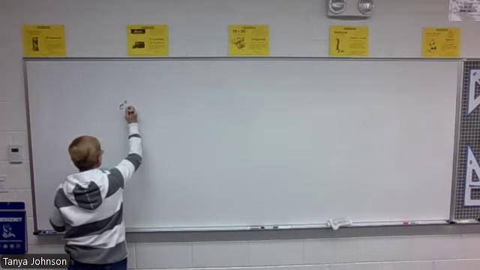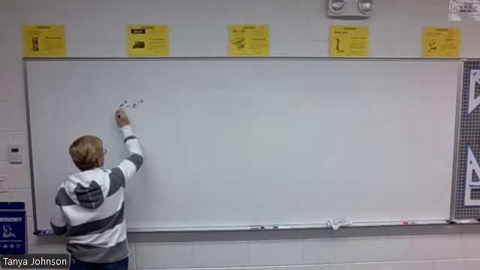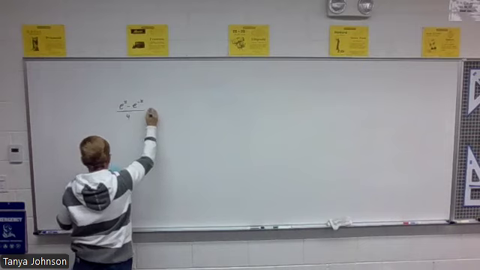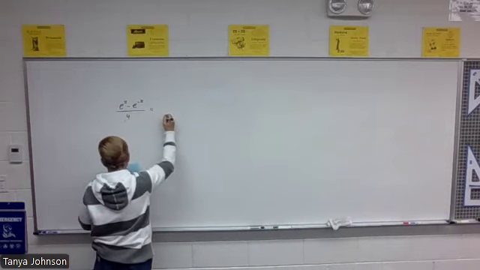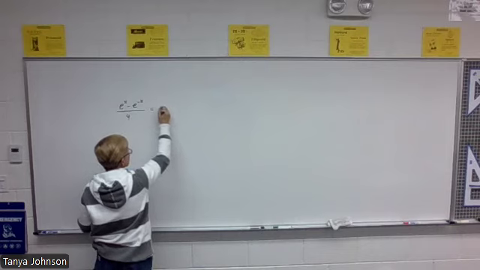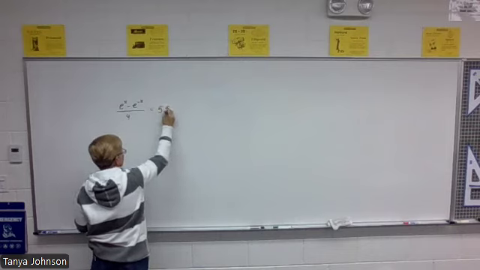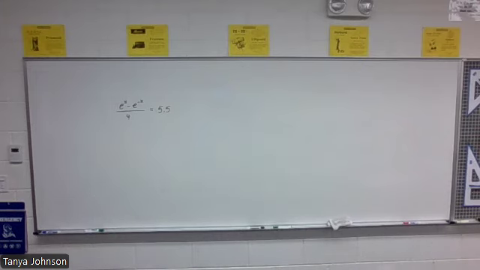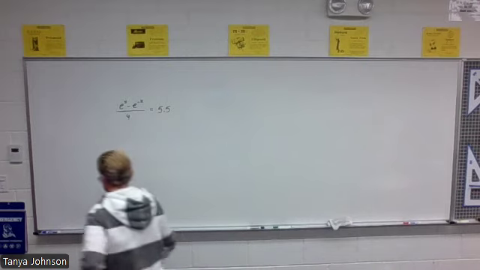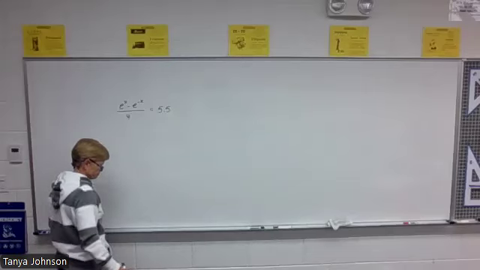e to the x minus e to the negative x over 4 equals 5.5. You are to solve for x algebraically. It says right there, solve the equation algebraically. Do you know how to do this? I'm going to walk you through it kind of fast because you're supposed to have experienced this on your exercises.